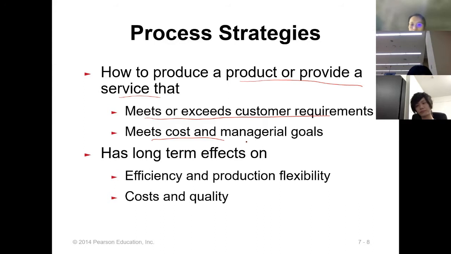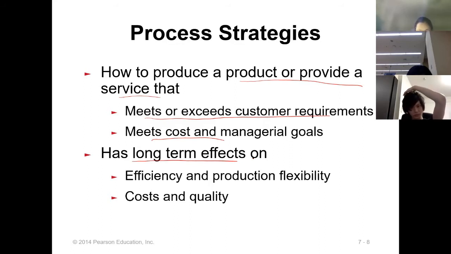And once you have already decided the process, for example, if you decide that it is repetitive, you can only do it once. It has a long-term effect in terms of efficiency and production flexibility, as well as cost and quality. So it is a long-term investment. You cannot simply change the equipment or the production line every day. Of course, it is very expensive.